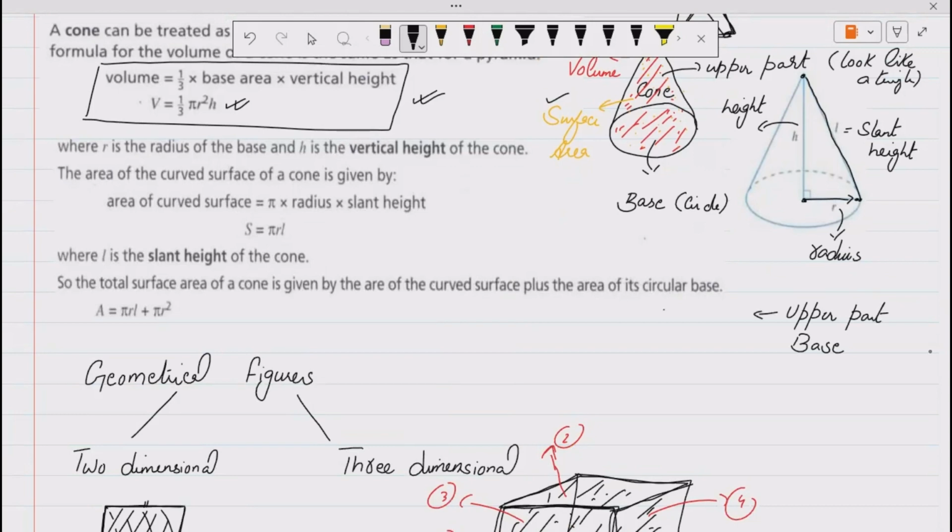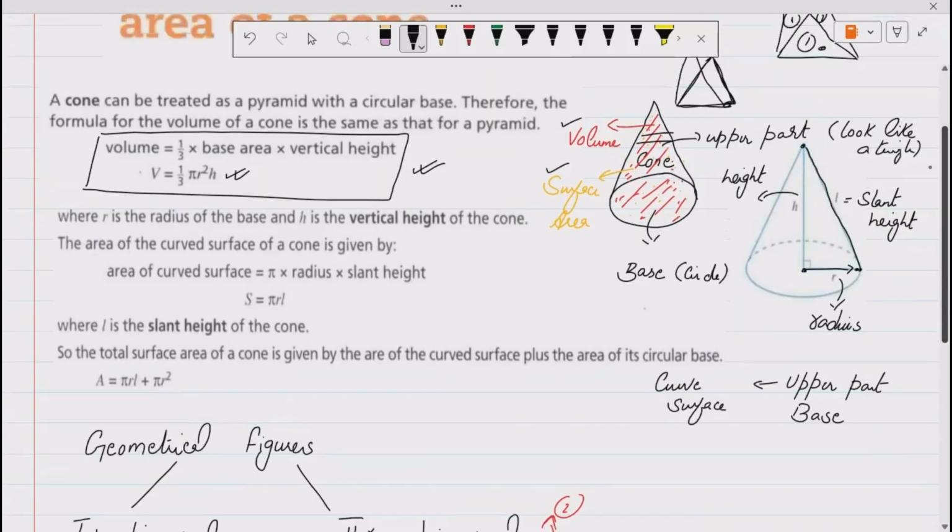This upper part is the curved surface, because it is wrapping up in 3 dimensions. So it's curving. I'm talking about this part, this above one, here in the figure, this curved part.